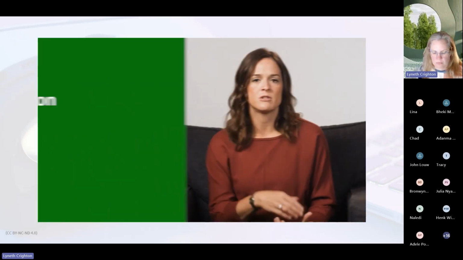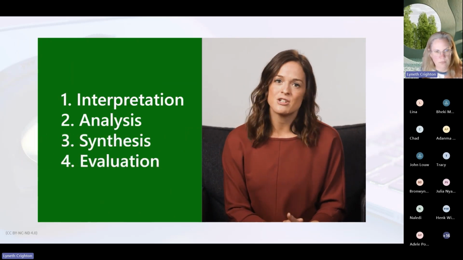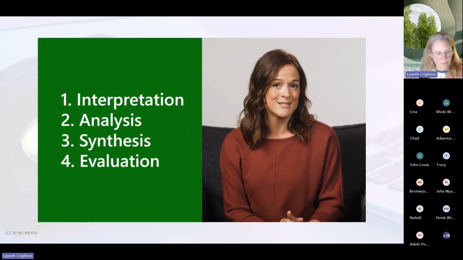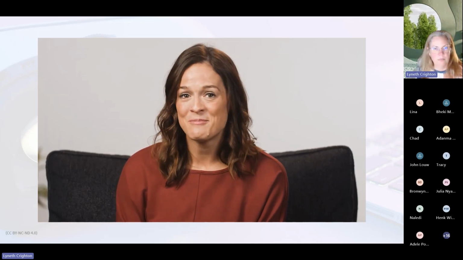As I shared in a previous video, knowledge construction occurs when learners use interpretation, analysis, synthesis, and evaluation to generate new understandings and ideas. When the knowledge construction activities would be impossible or impractical to complete without the use of ICT, the learning becomes even deeper.